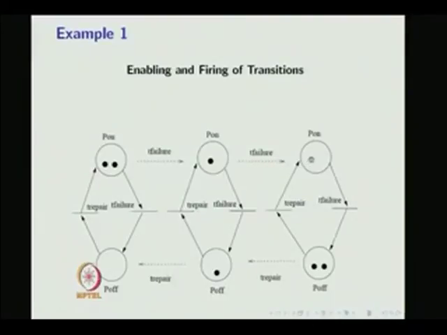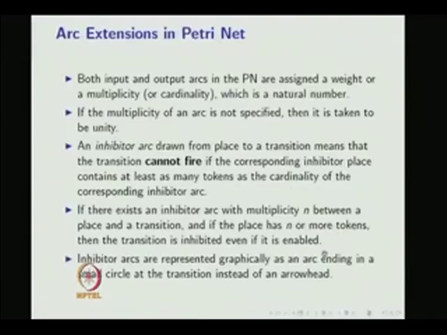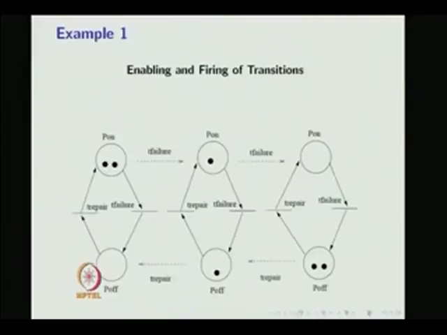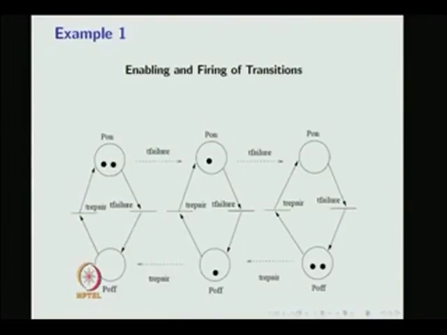then one token will be removed from the place P on, one token will be deposited in the place P off. Already one token is in the place P off, therefore two tokens in the place P off and one token is removed from the place P on. Hence, 0 token in the place P on and 2 tokens in the place P off.